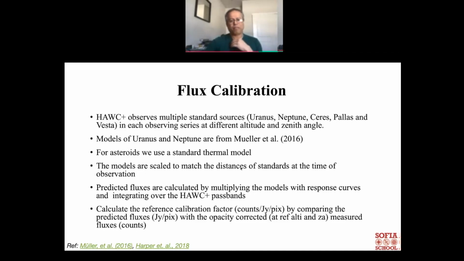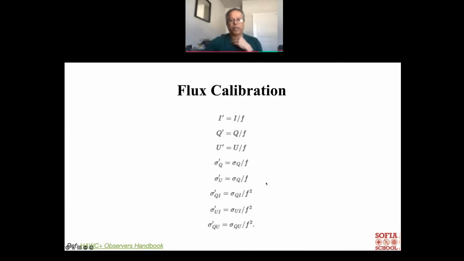Again, we do the reference calibration factor at a given altitude and zenith angle, same as we did before for the opacity correction. Once you get your reference calibration factor, you just divide your I, Q, and U by the factor to get the true calibration of your source. And the same thing, you propagate it through all your uncertainties. So now that you have your data, this all is done.